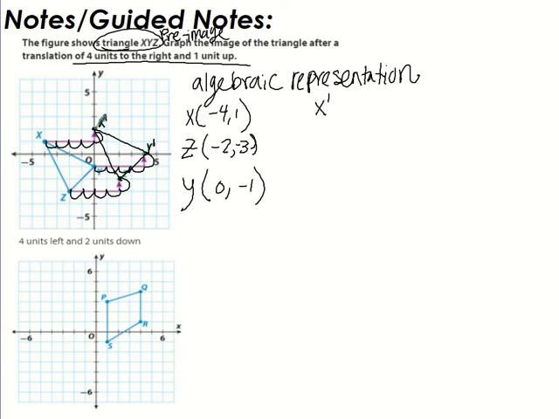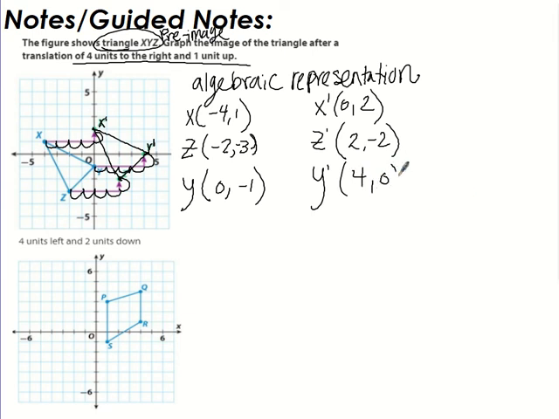It's now at 0, 2. And Z prime is at 2, -2. Let's keep saying that negative. And then Y prime is now at 4, 0. This way, 4, 0.